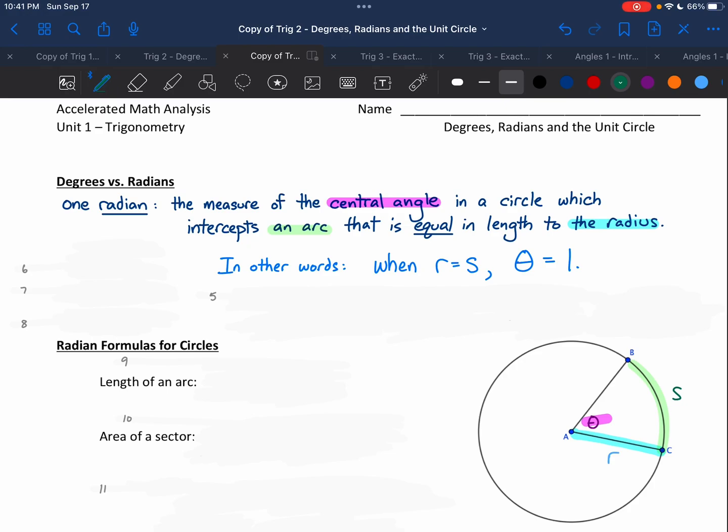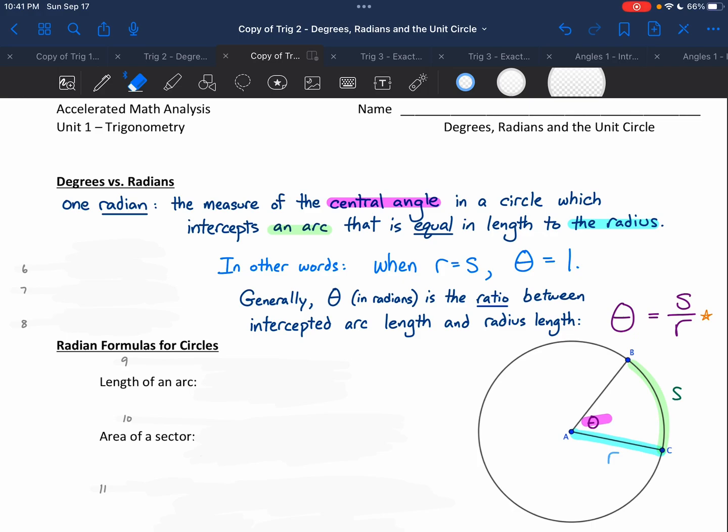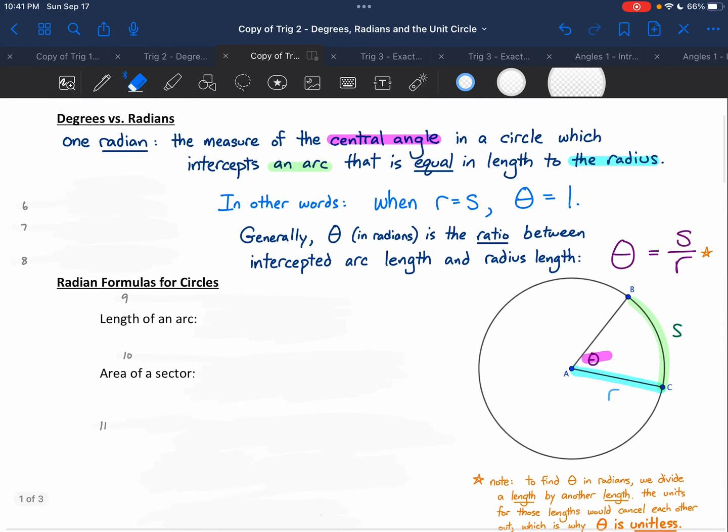This is actually going to help us define how we can find that theta, though, how we can find how many radians that angle would be based on the fact that, well, if we are talking about this as a ratio, yeah, 1 radian is when those two are exactly the same. But in general, those radians are calculated by taking that intercepted arc length, dividing it by the length of the radius, so S over R. That little star that I have there is just a note.